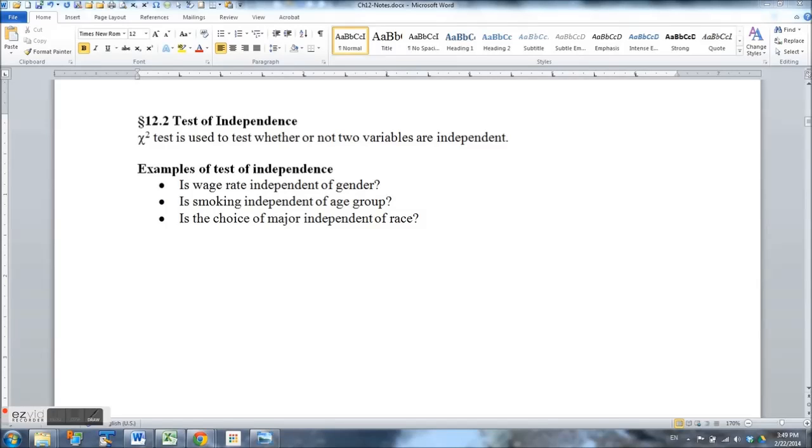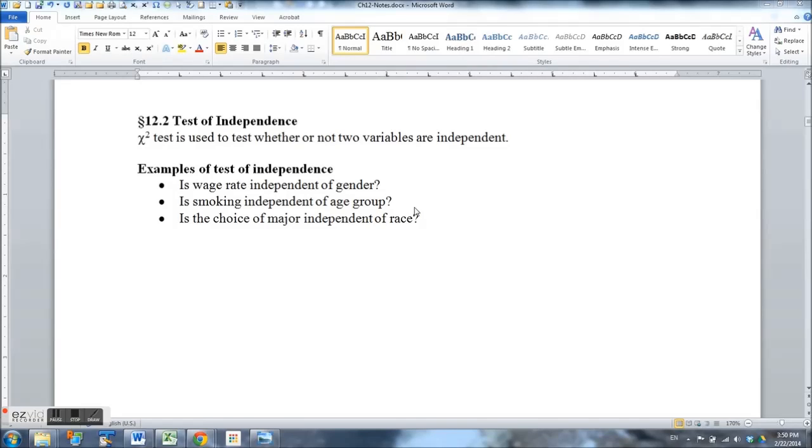The next test is called the test of independence. This is also a chi-square test, and it is used to test whether two variables are independent or not. For example, you can have a situation where you want to test whether the wage rate is independent of gender, or is smoking independent of age group.